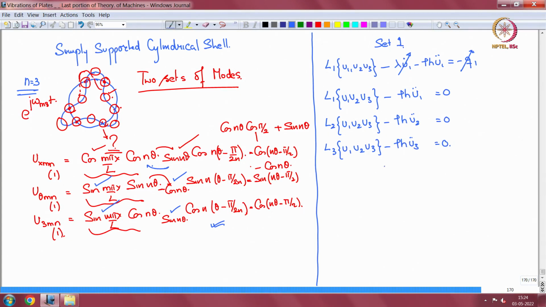Now as I said, suppose we consider set 1, then how will it look?